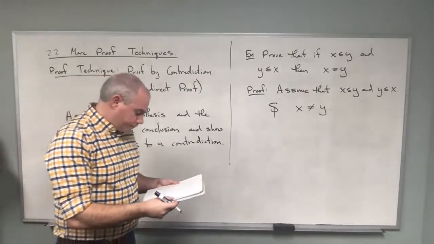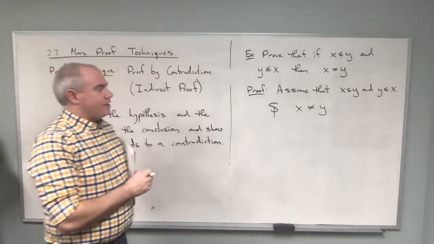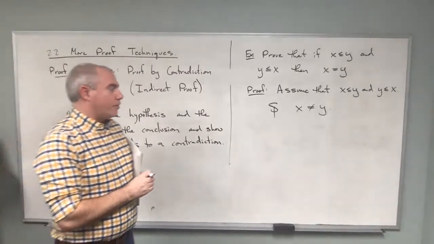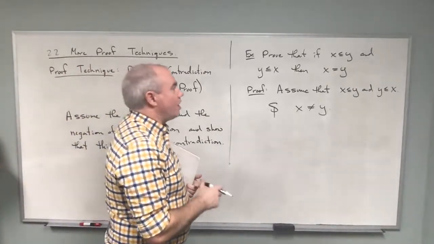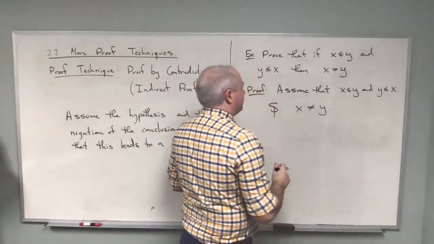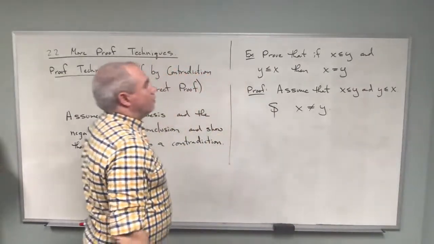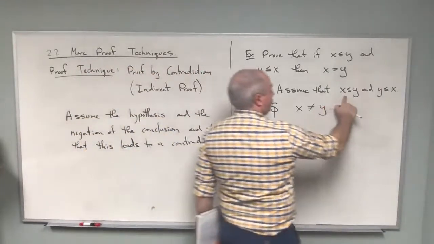Okay. So I know that x is not equal to y, correct? So if x is not equal to y, then I get the following. So I have two cases. Well, I know that both of these are true, correct?